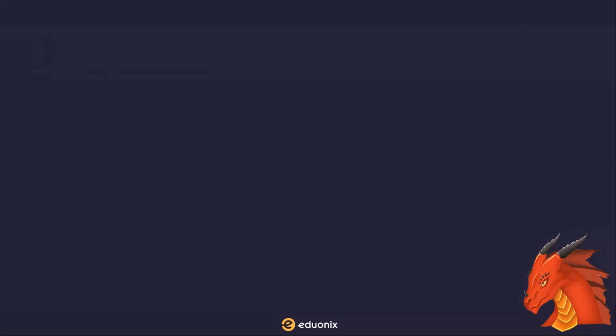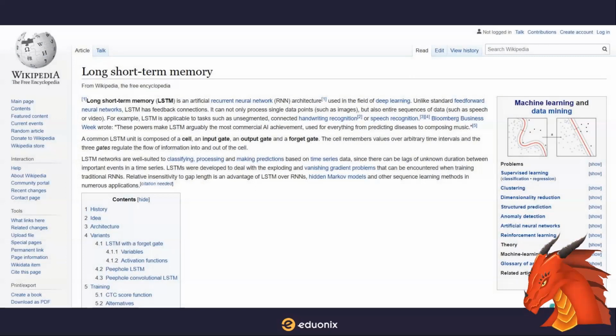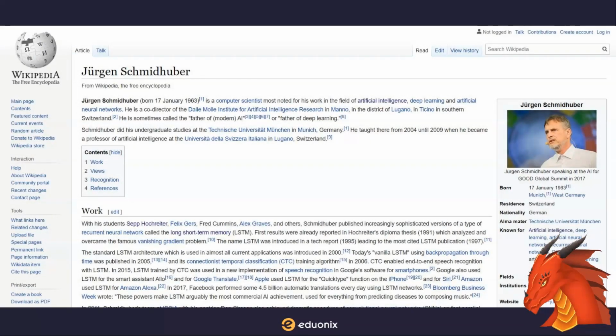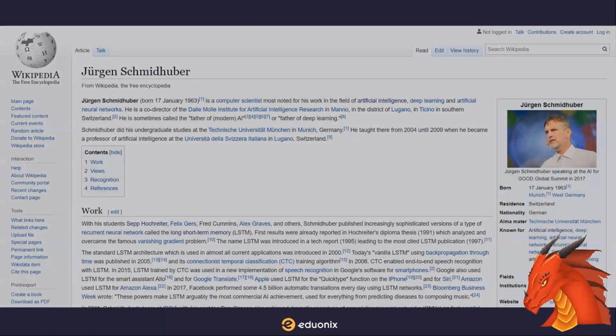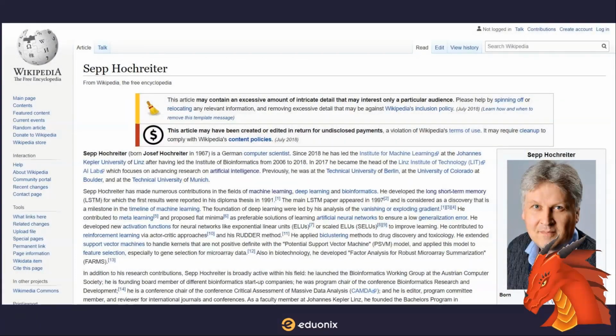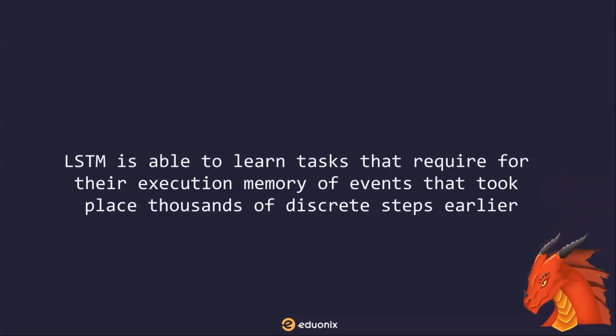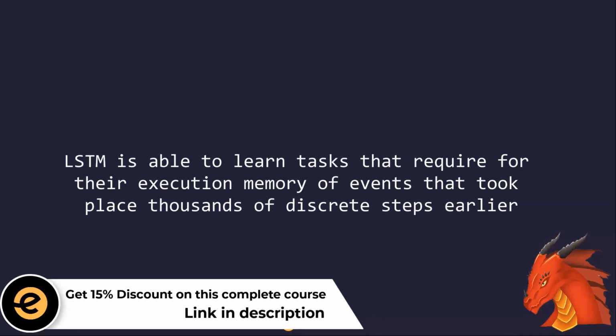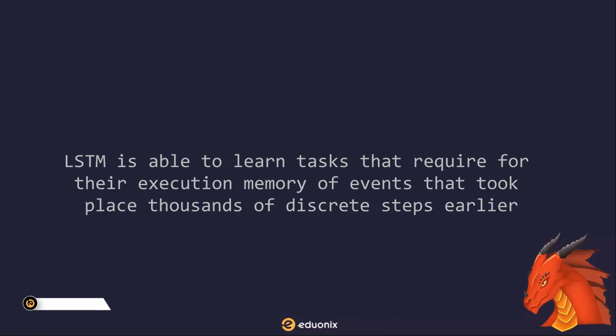Currently, much of speech recognition training is being done by a deep learning technique known as long short-term memory, or LSTM. LSTM is an ML neural network model first described by Jürgen Schmidhuber and Sepp Hochreiter in 1997. LSTM is able to learn tasks that require memory of events that took place thousands of discrete steps earlier.